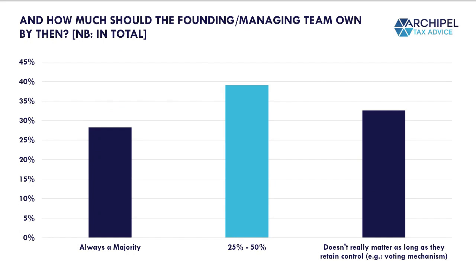People could answer either always a majority, which would make sense if you think about the decision-making process, or somewhere between 1 and 2 quarters, or doesn't really matter as long as they retain control, which is actually something you can do through a shareholder trust, or through changing the statutes to make sure that you have some sort of a golden share or a veto right.